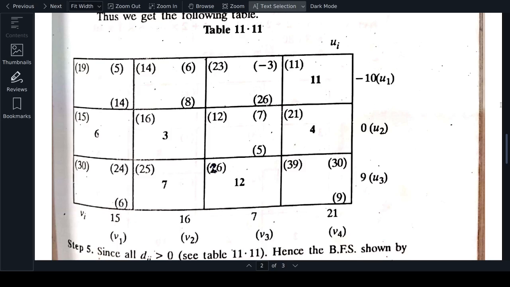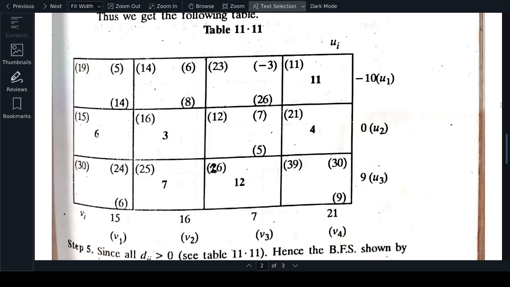Second one is C22. This is 16, so U2 plus V2. And C24 is 21, so U2 plus V4. Next you substitute U2 equal to 0, so V1 equal to 15, V2 equal to 16, V4 equal to 21.